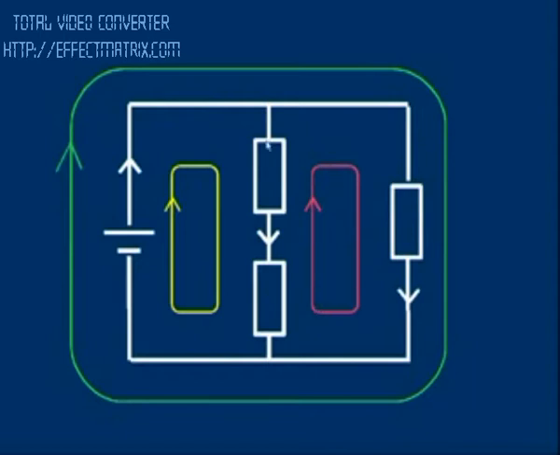The current in the left side and the current in the right side are both going down. So the direction of the current doesn't match the direction we want to go around the loop. And this would make our life quite tricky. I'm not going to discuss this beyond saying that we'd have to make the voltages across a resistor negative to allow for the fact that we're going in an opposite sense to the direction of the current.